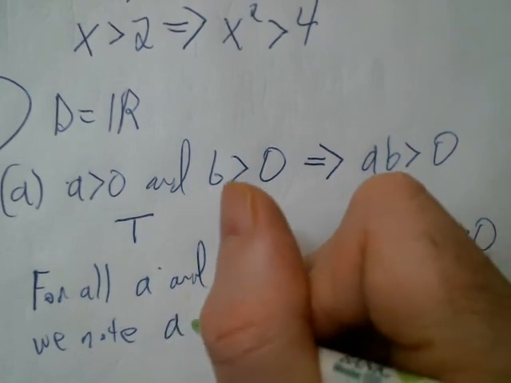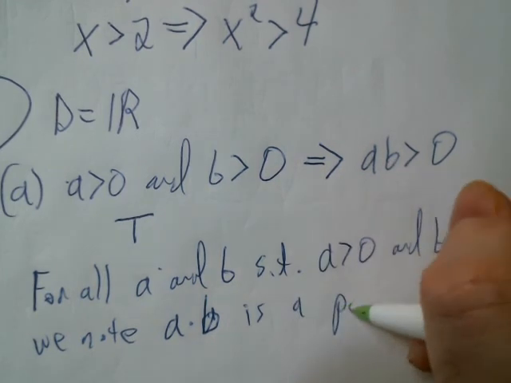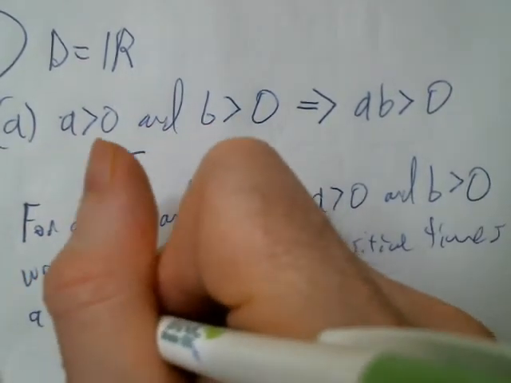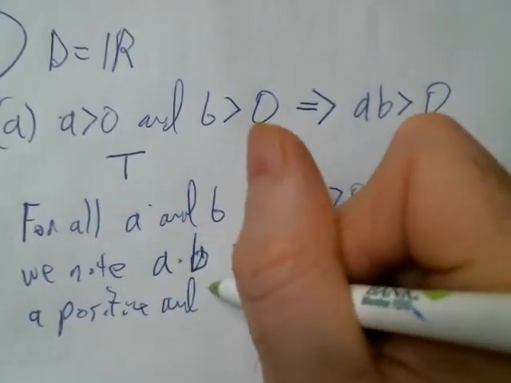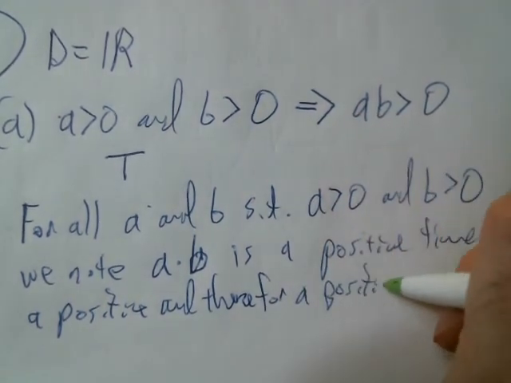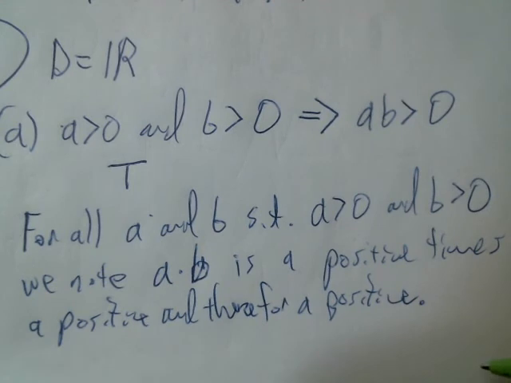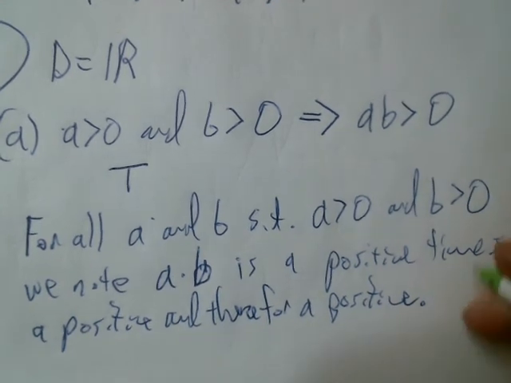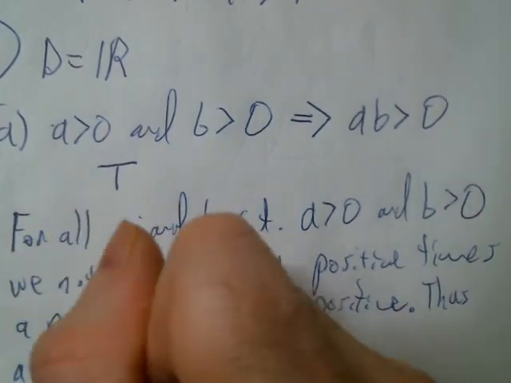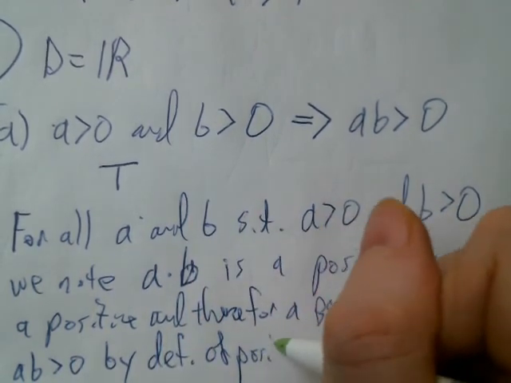We note A times B is a positive times a positive, and therefore a positive. Okay, and so A times B is greater than 0 because that's the definition of being positive, right? Thus, A times B is greater than 0 by definition of positivity.